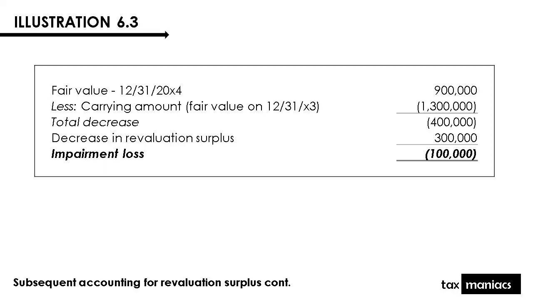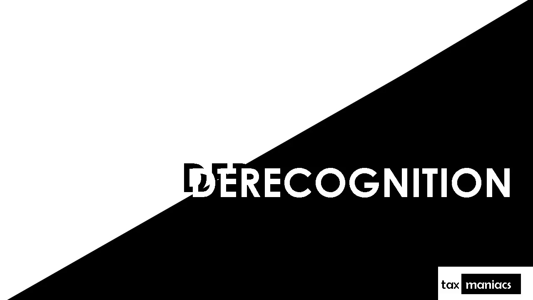By using the formula, we have the fair value on December 31, 2004 of 900,000 less the carrying amount or the fair value on December 31, 2003 of 1,300,000, we get a total decrease of 400,000. If we subtract the decrease in revaluation surplus of 300,000 from the total decrease of 400,000, we get an impairment loss of 100,000.